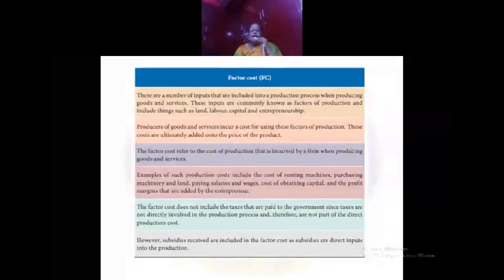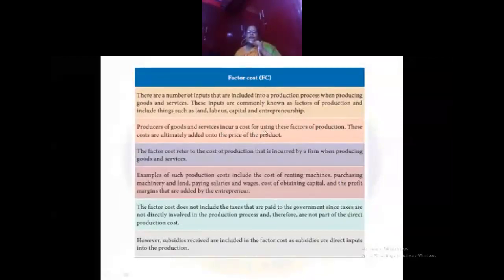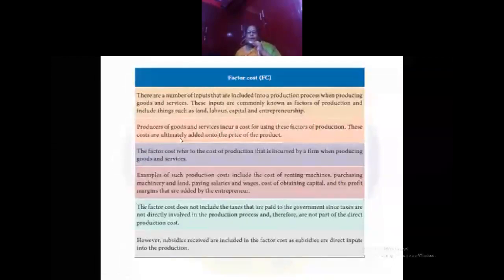These inputs are commonly known as factors of production and that include the things such as which I told you just now, land, labor, capital, and entrepreneurship. Producers of goods and services incur the cost of using these factors of production. These costs are ultimately added into the price of the product.